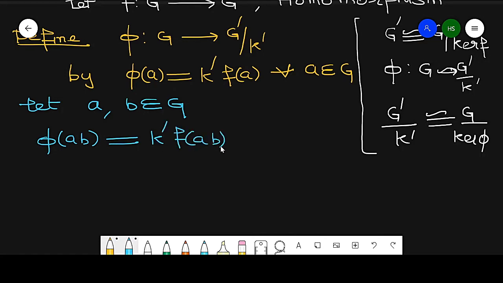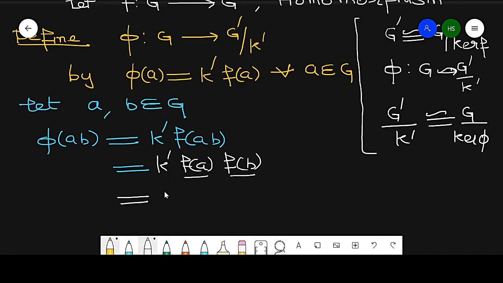Since f is a homomorphism, this can be written as K dash f of a f of b, where f of a is treated as one element and f of b as the second element.